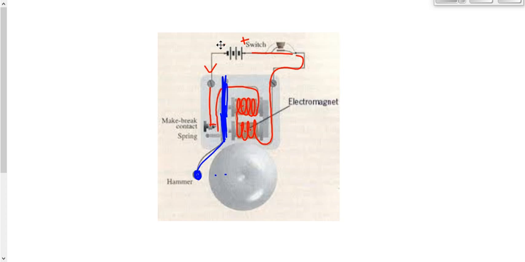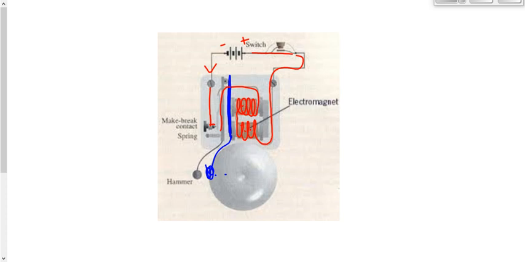Well, as this piece of blue steel comes over and causes the hammer to hit the bell, as it comes over here because of that attraction, then this piece of wire comes with it.